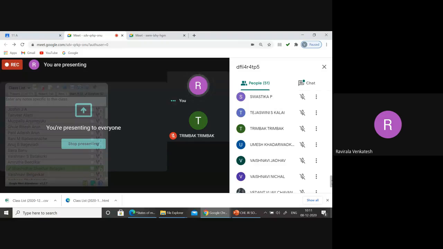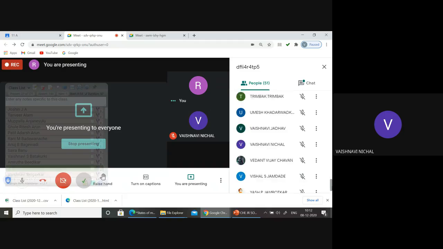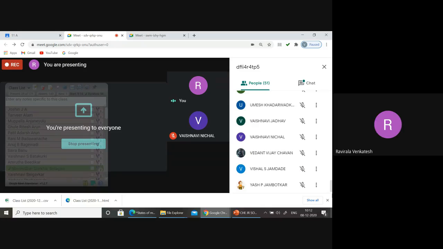Vaishnavi Jadhav, present, sir. Vaishnavi Nichal, present, sir. Vaman absent. Vedant. Vishal, present, sir. Present. Bharati absent, Bharati is there?